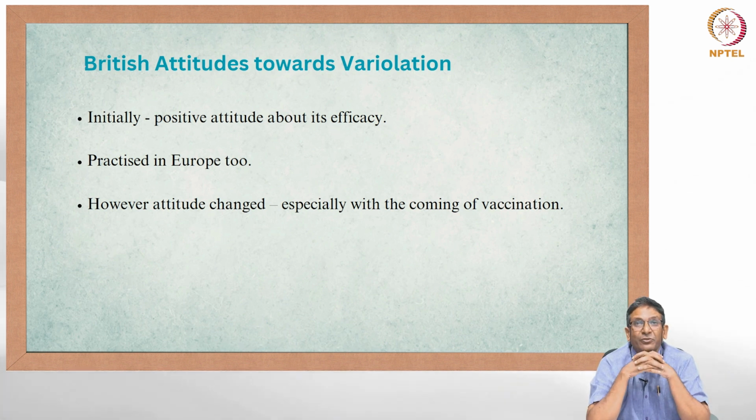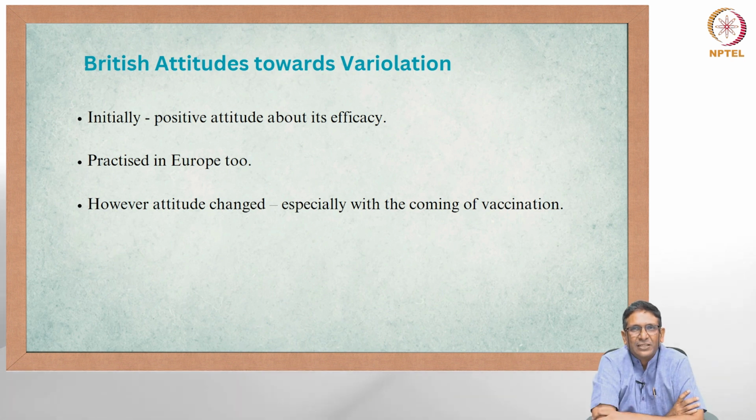Till that point of time, there was that positive attitude, and of course, it was also practiced in the West. It was believed that it went from Turkey, the area around Turkey, to the west, and was quite successfully used here. And of course, it was very efficacious in several parts of India as well.